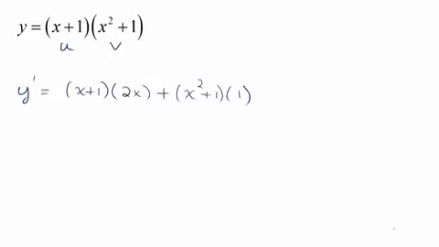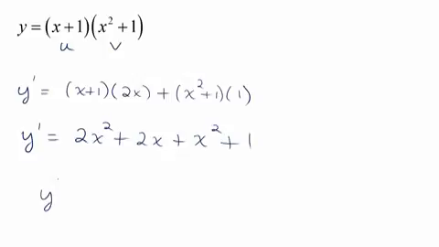Multiplying this out, we get y prime equal to 2x squared plus 2x plus x squared plus 1. Combining like terms, y prime is 3x squared plus 2x plus 1. So using the product rule, we get our derivative to be 3x squared plus 2x plus 1.